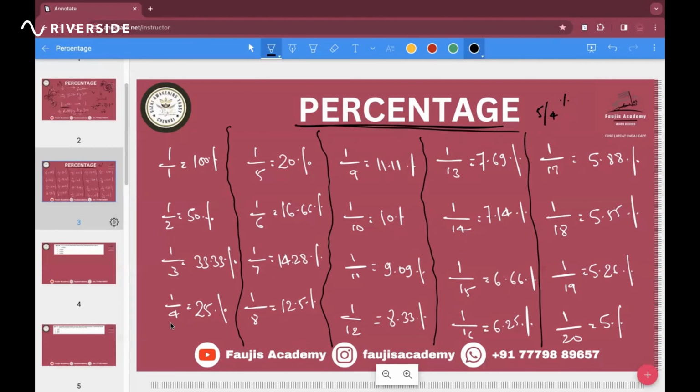You know 1 by 4 is 25%. Can you find out how much percentage 5 by 4 is? 125. Absolutely, that's correct. You have been asked, let's say, 2 by 7. How much is it in terms of percentage without calculating? Tell me.